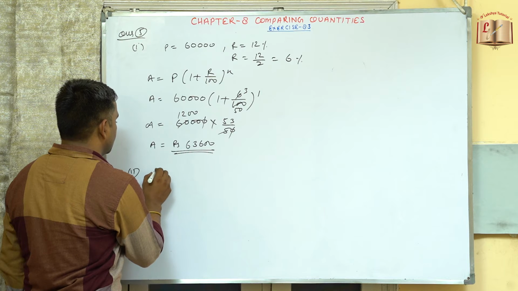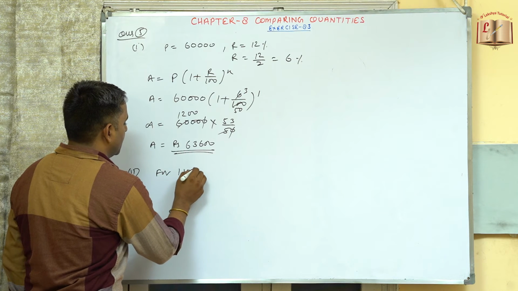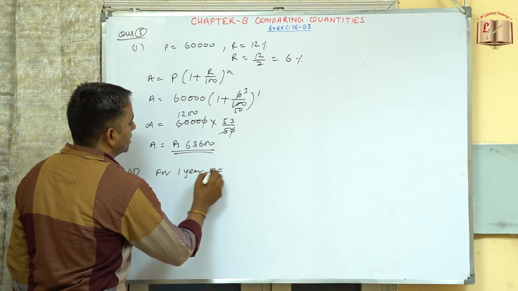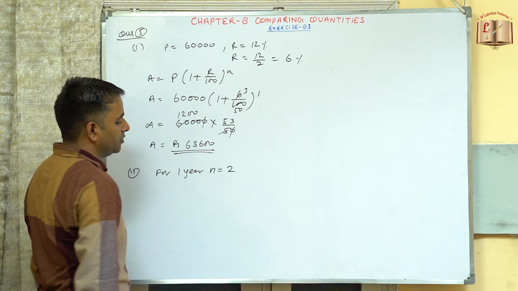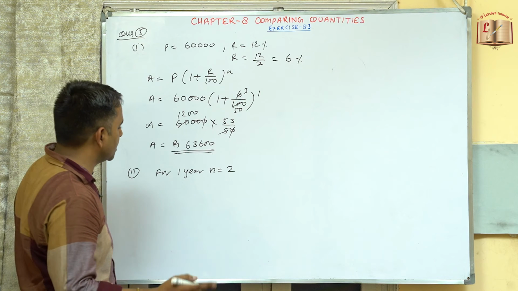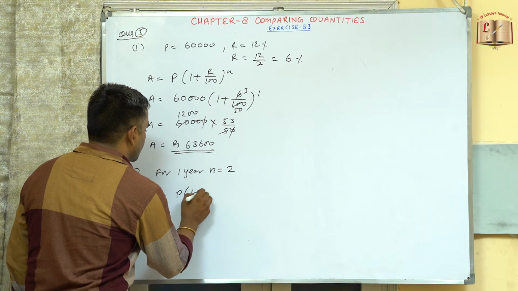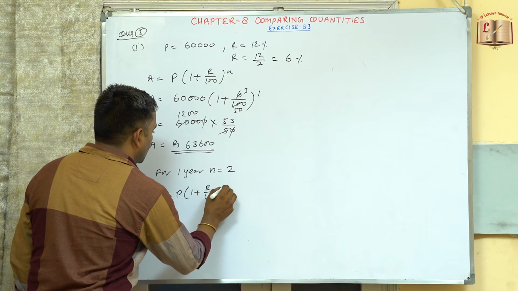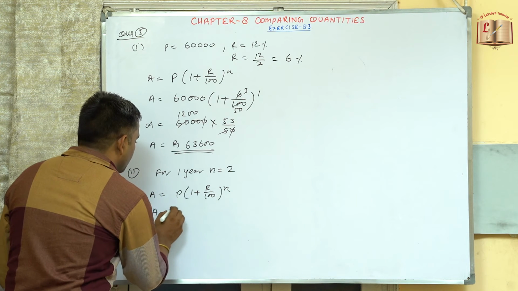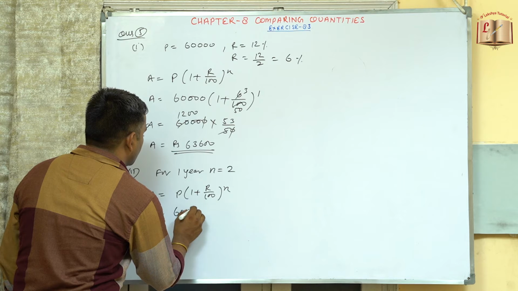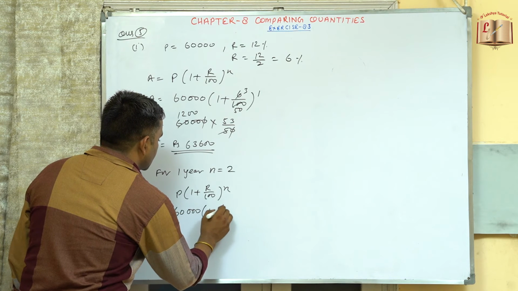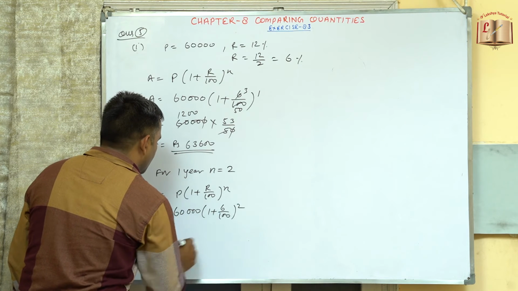Now coming to the second part of it, after 1 year. So for 1 year, n will be equal to 2, because in one year how many half years will there be, 2 half years. So A equals P times (1 plus R by 100) to the power n. So A equals 60,000 (1 plus 6 by 100) to the power 2.